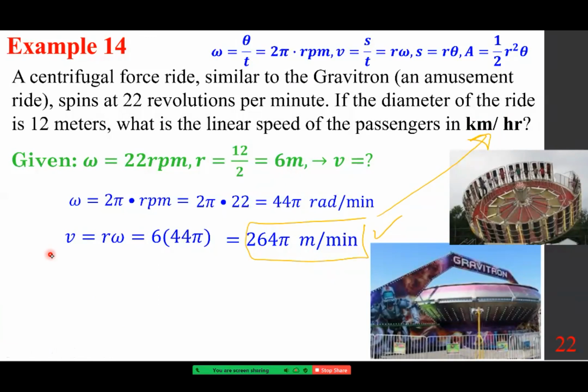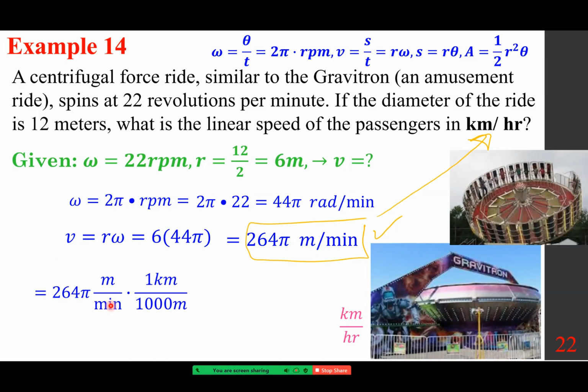And so the unit conversion is that we want to write this as kilometers per hour. Okay, and so how do we do that? We have 264 pi meters per minute. We say 1 kilometer over 1,000 meters. And remember, you want to cancel out the meters.